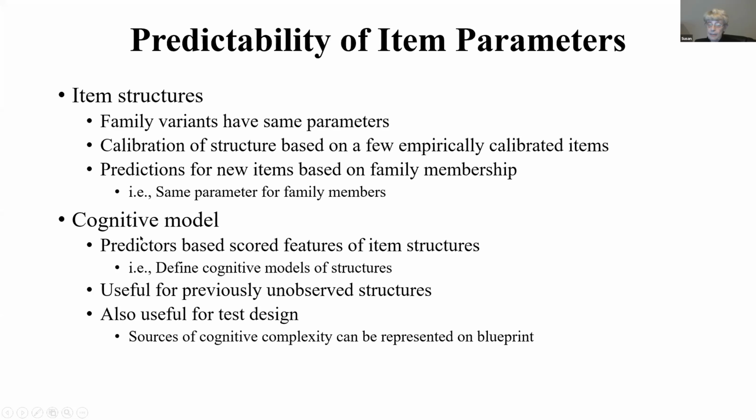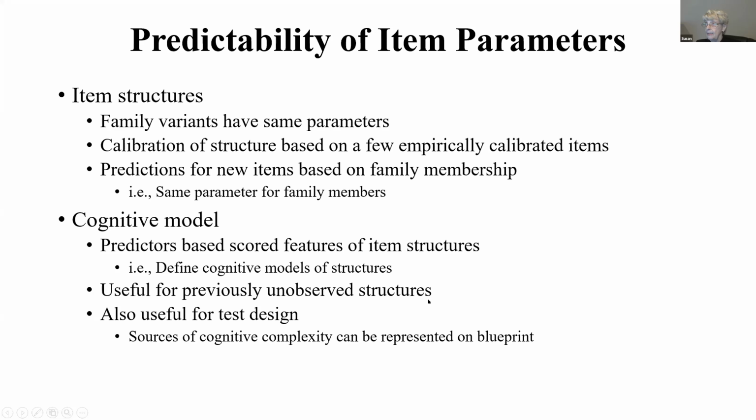Cognitive model, what do I mean by that? Well, predictors based on scored features of the item structures themselves are what's going to define a cognitive model of the structure. And I'm going to show two different kinds of examples of that. This is useful, of course, if you have some structures that you have not observed yet.